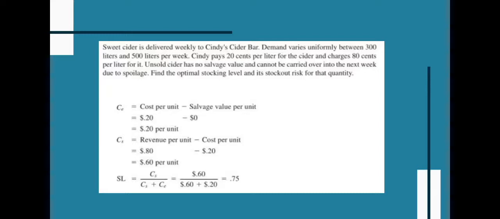So the service level formula is: service level is equal to shortage cost divided by the shortage cost plus excess cost, which is 60 divided by 60 plus 20, is equal to 75 cents.